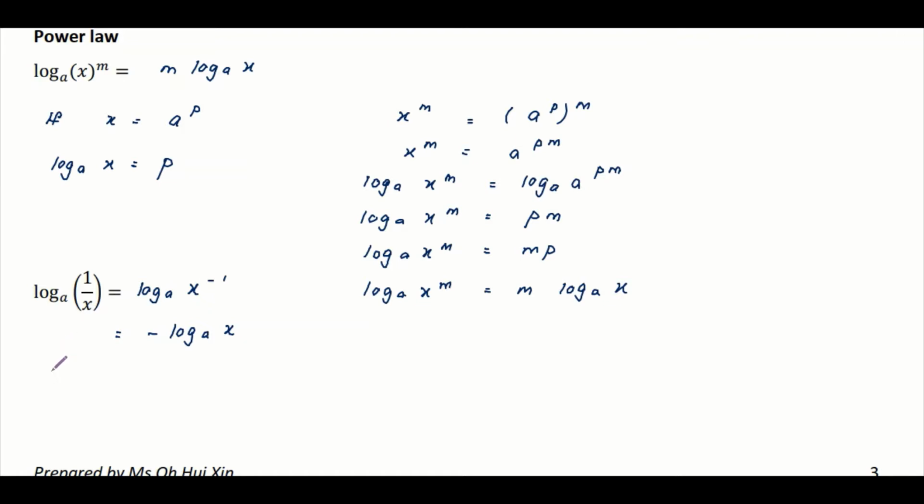For example, if I have log_a of 1 over 5, I can always write it as negative log_a 5. They give exactly the same thing, because when I bring the negative 1 back as a power, 5 to the power of negative 1 gives you 1 over 5. Okay, just like that, now we'll look at some questions together.